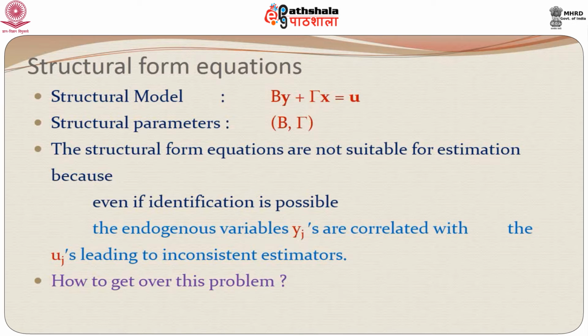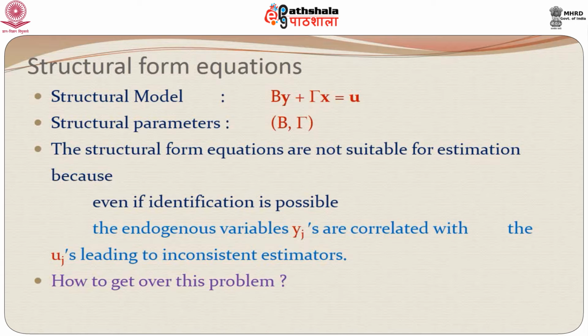Now, the structural form equations are not suitable for estimation. We cannot directly estimate from this, because even if identification was possible, the endogenous variables yj's are correlated to the disturbances uj's, leading to inconsistent estimators.